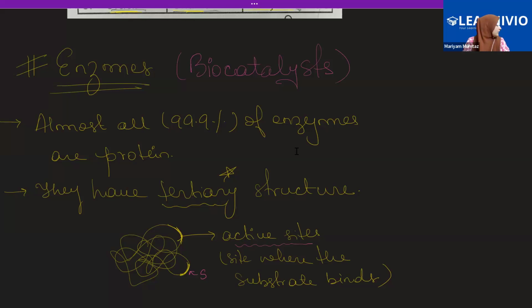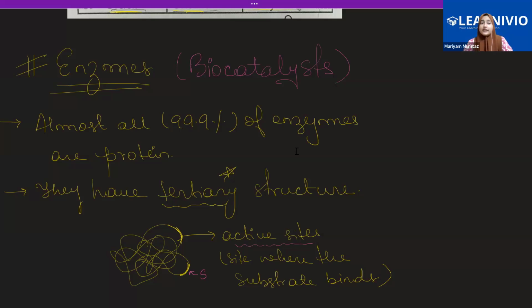So remember that almost 99.9% of the enzymes are proteinaceous in nature, that I've already told you about, isn't it? Since enzymes are proteinaceous structures, they will have an optimum structure at which they are active, and an optimum pH at which they are active.